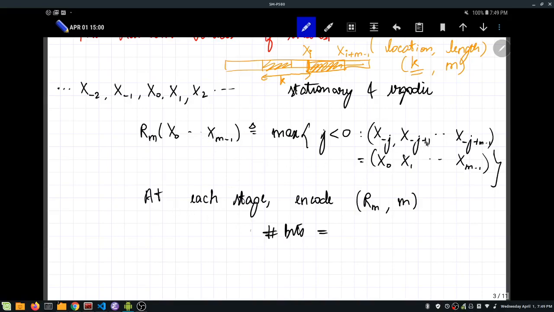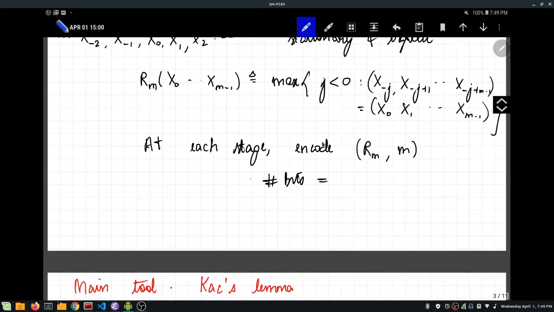The larger the j is, the worse it is for us, because we need more bits to encode. So at each stage we're encoding the pair Rm comma m. And what is the number of bits that we require in order to encode?